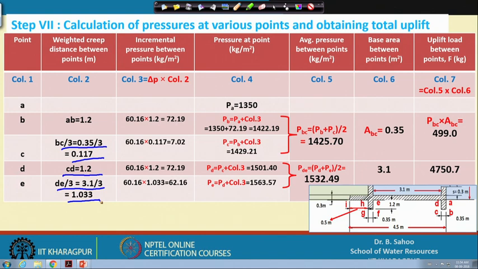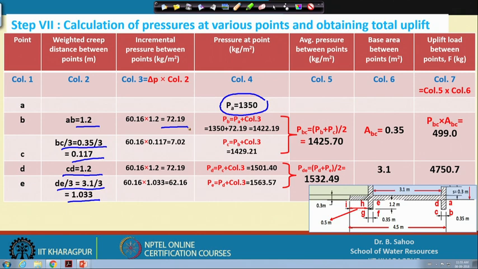Now, our third column shows the incremental pressure between points. We have the pressure at point A, 1350, which we have already estimated. So, my incremental is delta P into column 2. That is 60.16, our delta P value that we estimated in the previous slide, into 1.2, our distance. So, we will get 72.19 kg per meter square.